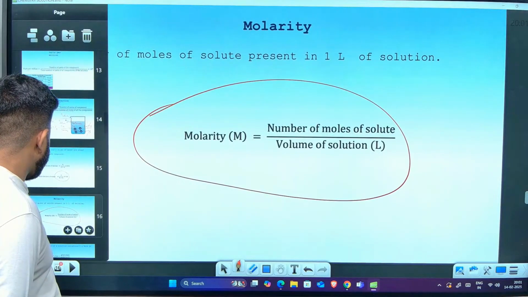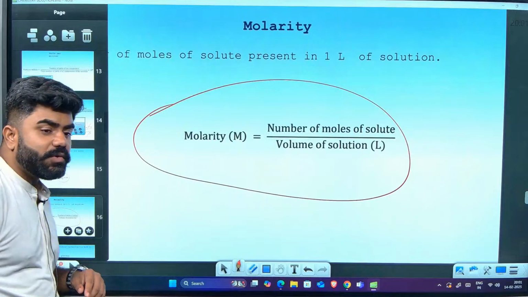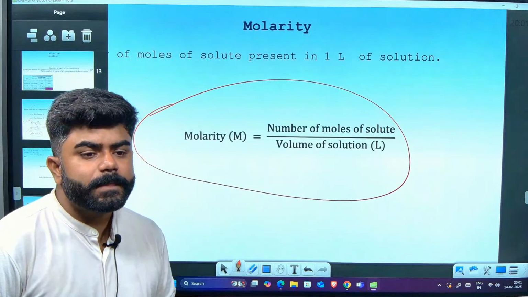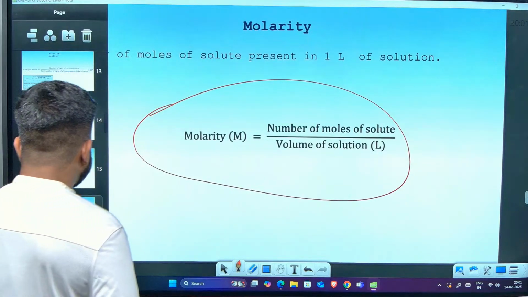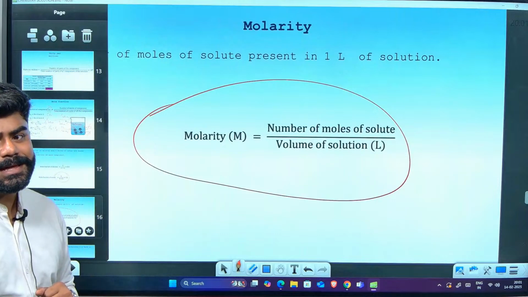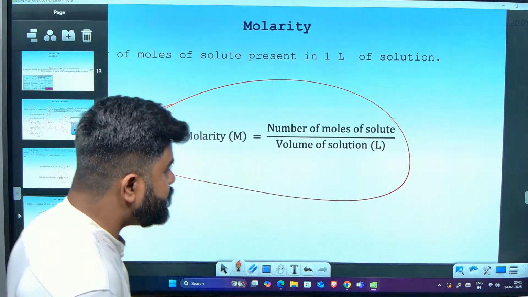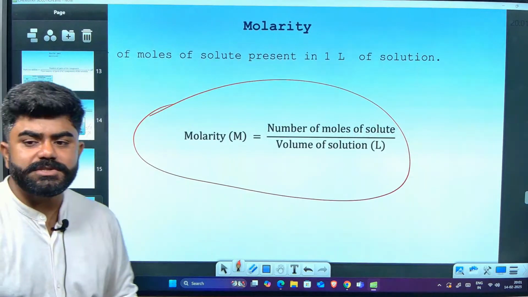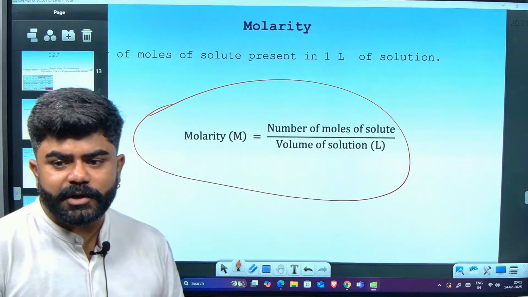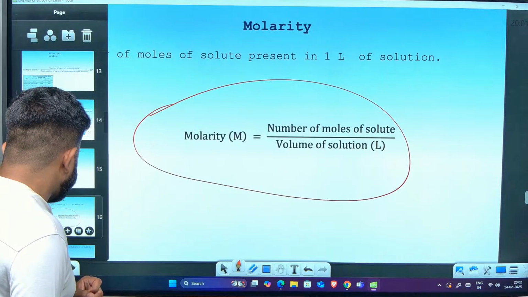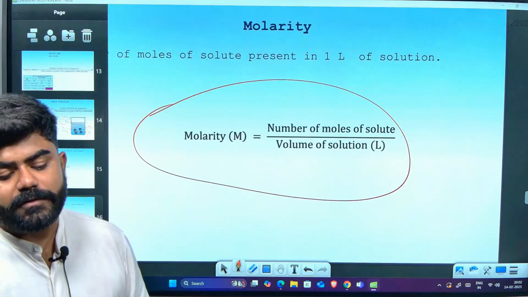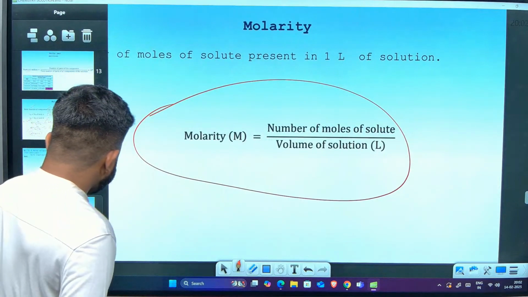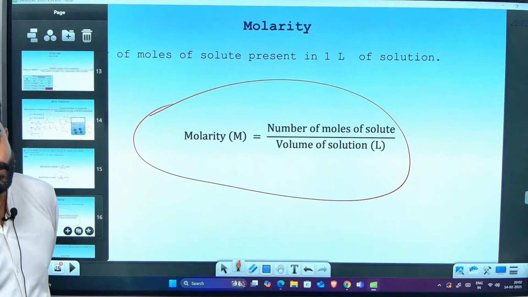we'll go to this problem. Please take down the question, children. Calculate the molarity of a solution containing 5 gram NaOH in 450 ml water, or 450 ml solution, write it as solution.